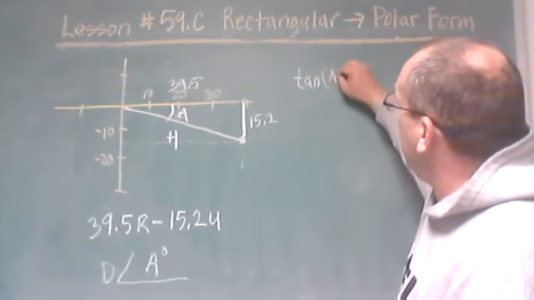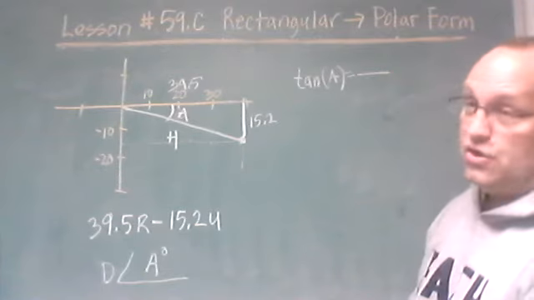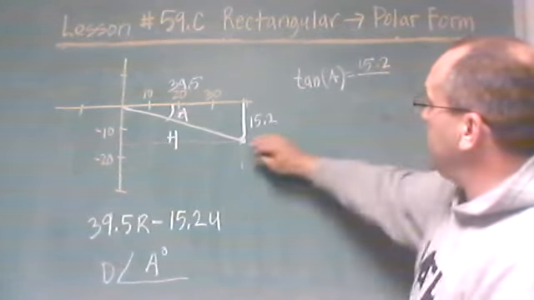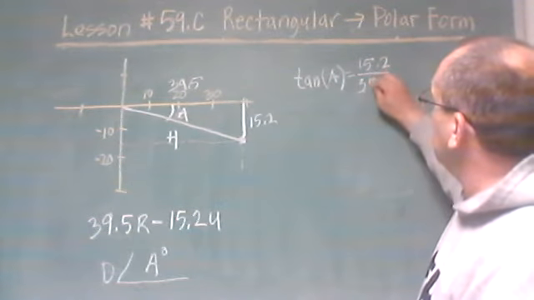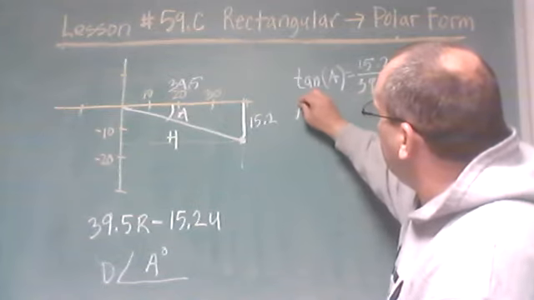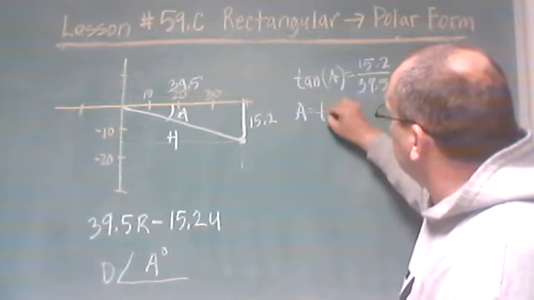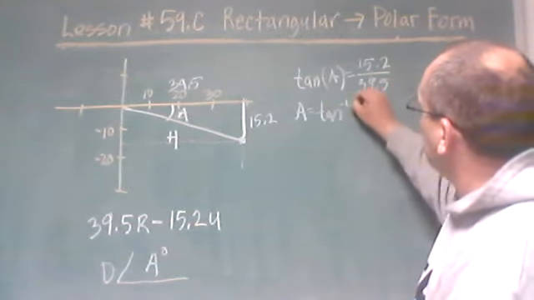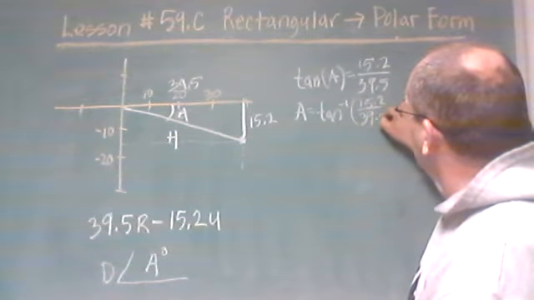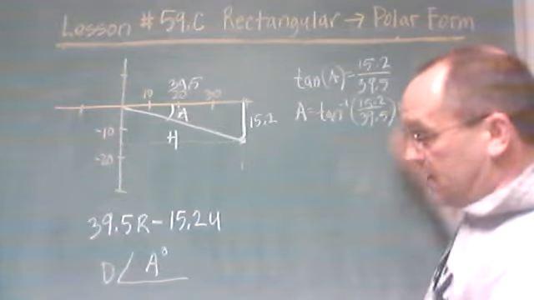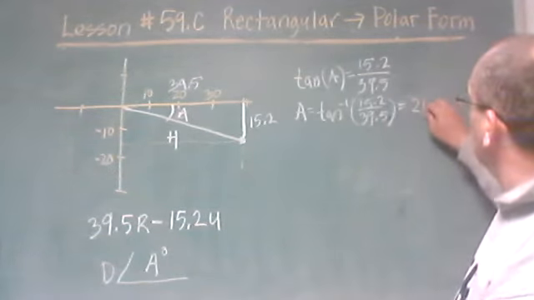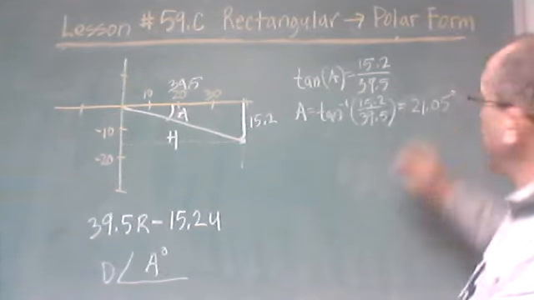The tangent of angle A is going to be the ratio of the opposite leg, 15.2, divided by my adjacent leg, 39.5. To find angle A, I'm going to take the inverse tangent of that ratio, 15.2 over 39.5. That comes out to, when I do it on my calculator, 21.05 degrees when I round it off.